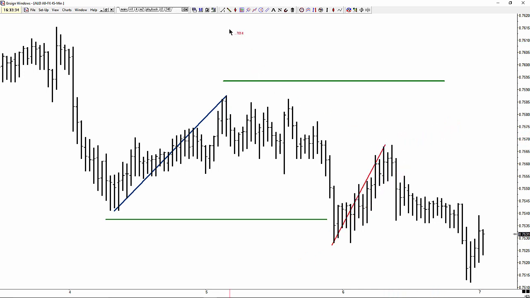And so this would be my minor. Now both of these meet the definition of a swing. This would be a major. If this was my frame, this would be a major confirmed swing high, and this would be a minor confirmed swing high.